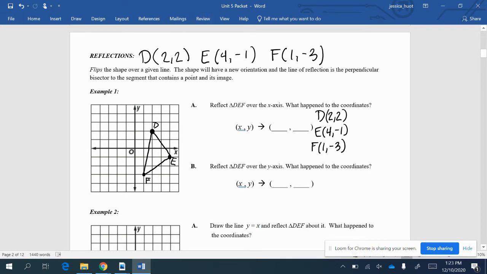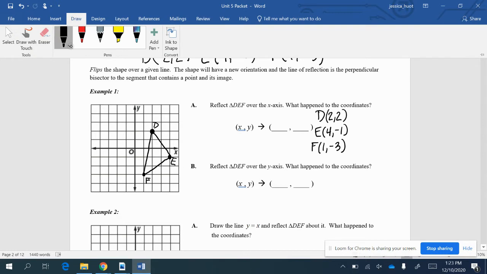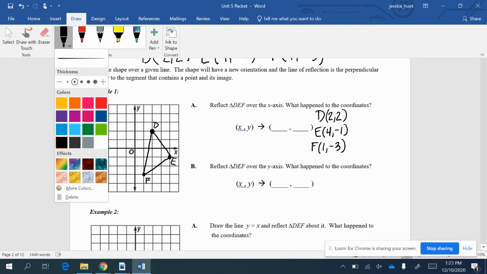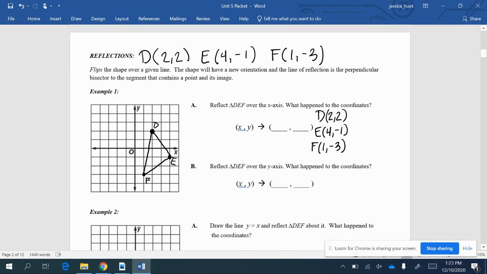Let's see. Okay, so I am going to be reflecting this shape over the x-axis. When I do this reflection, one way you can do it without following a rule is by counting.